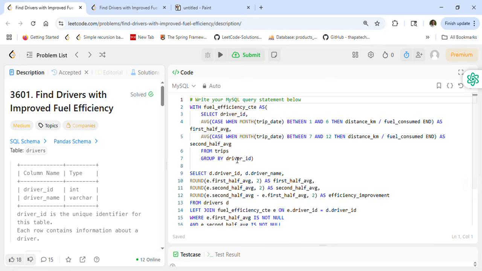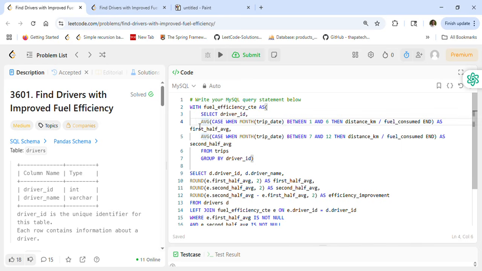First we will take a look at this common table expression, fuel efficiency CTE. Here we are selecting driver, and this is for the first half. We use case when month of trip date is between 1 and 6, then distance km divided by fuel consumed. This gives you the fuel efficiency for the first half, and you take the average of it.